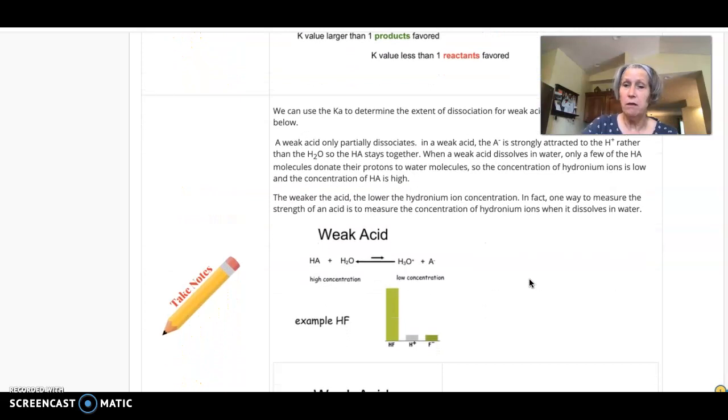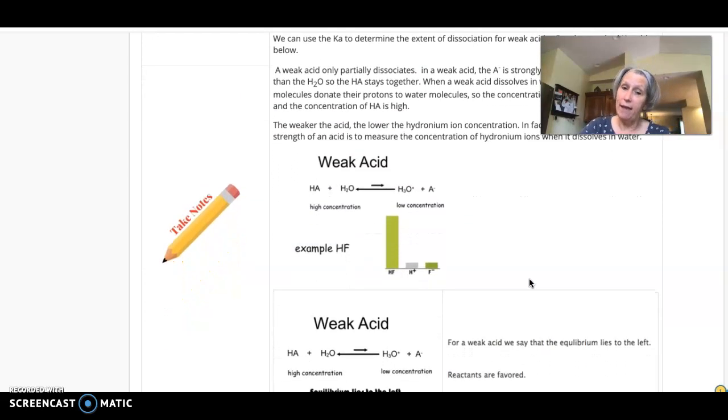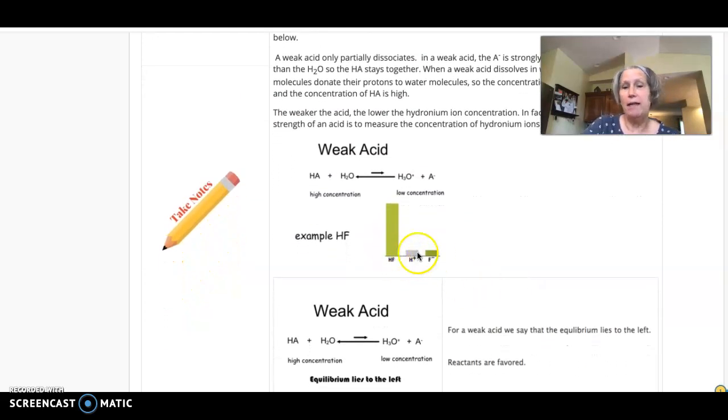Okay? When you look at a weak acid, and here's my example of a weak acid, which would be HF, most of that HF stays together and only a small portion will dissociate. So look at the arrows here for this generic equation. Notice that it's favoring reactants.